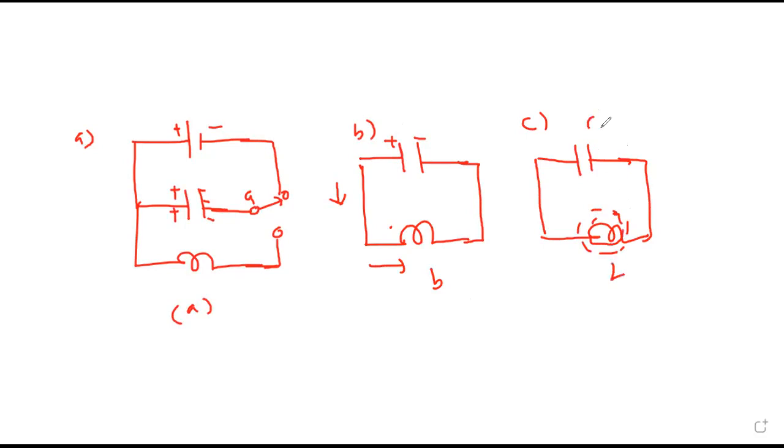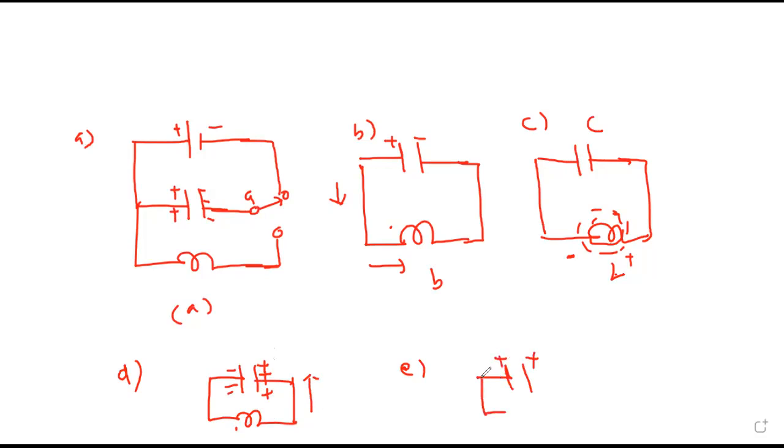In inductor, no charge. As soon as no charge, this will behave like battery. Then it will send again current from positive to negative. So this will getting charged and this will be induced this way till this current becomes zero. So finally, this will become maximum.